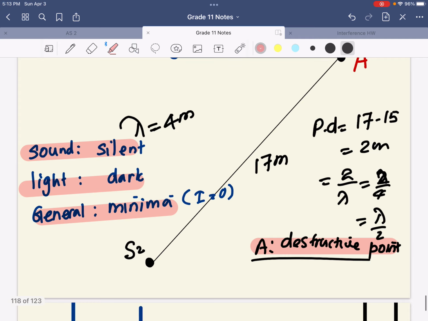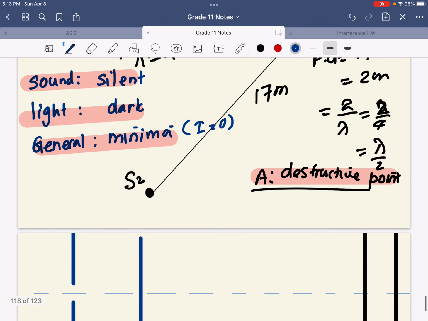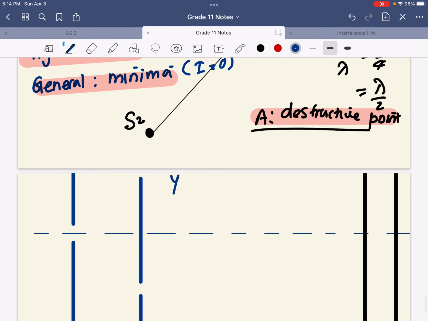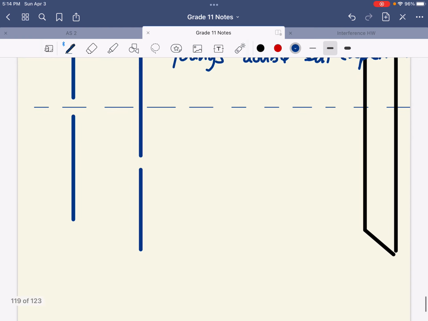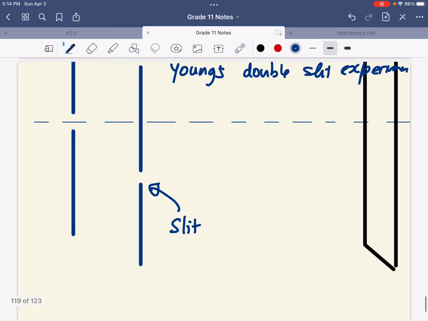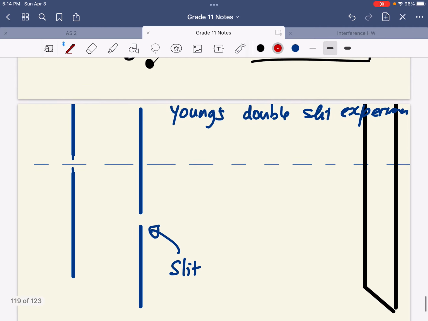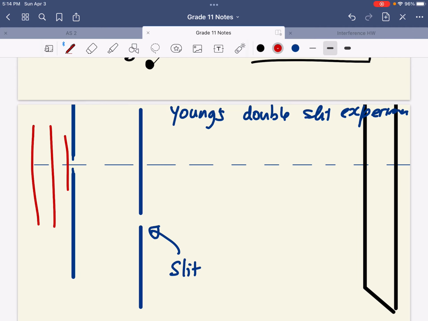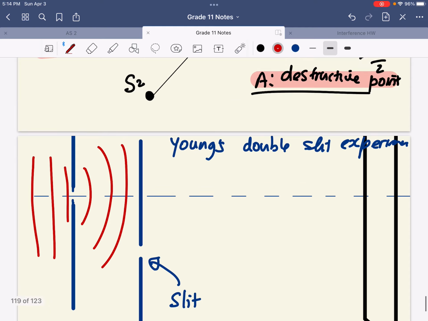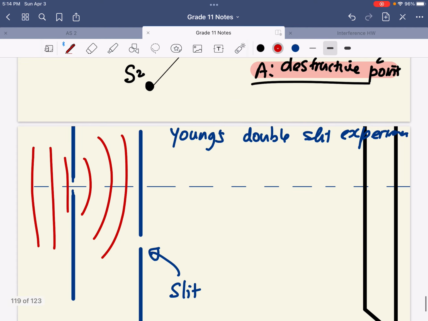Now let's go back to find out what Young's double slit experiment is. Basically, it is made of two slits. A small hole is called a slit, and there is also one slit here. We take a wave and spread it through this one. This is called diffraction.